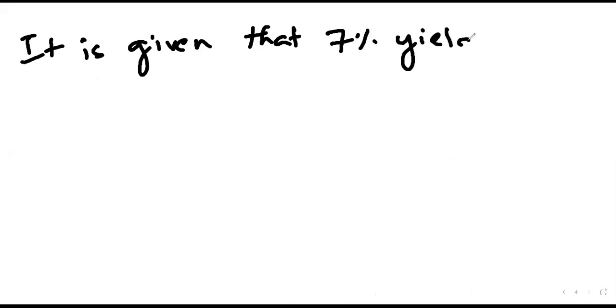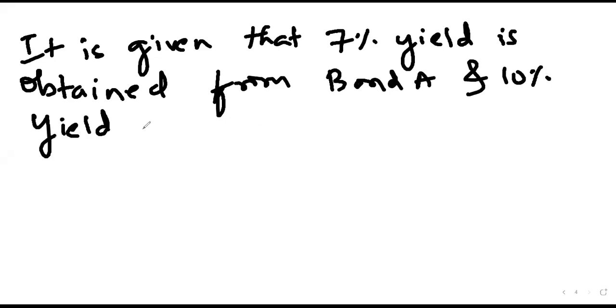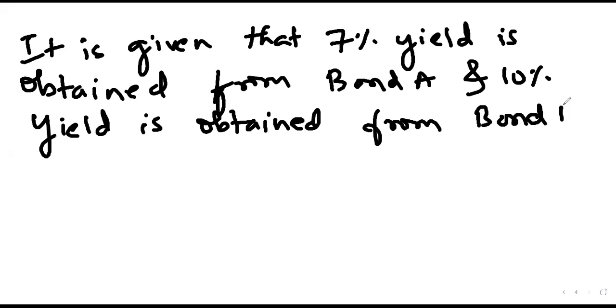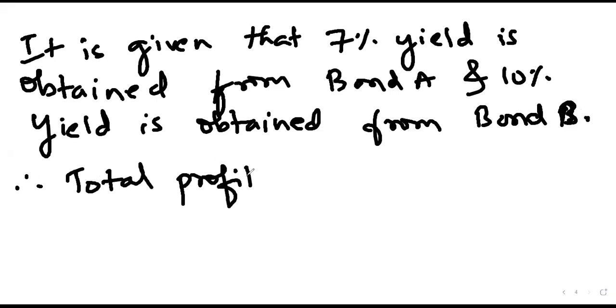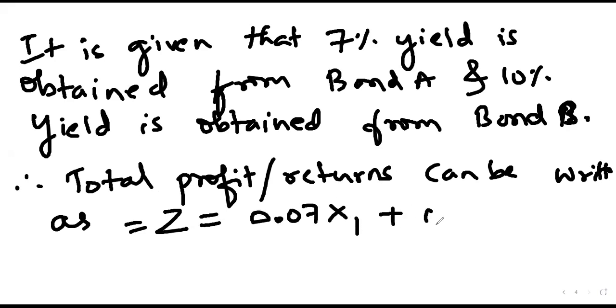It is given that 7% yield is obtained from bond A and 10% yield obtained from bond B. Therefore, total profit or returns can be written as z equal to 0.07x1 plus 0.10x2.